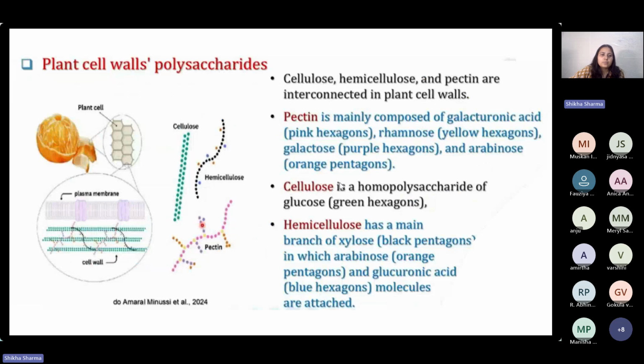Then the cell wall compounds, which are basically pectin, cellulose and hemicellulose.